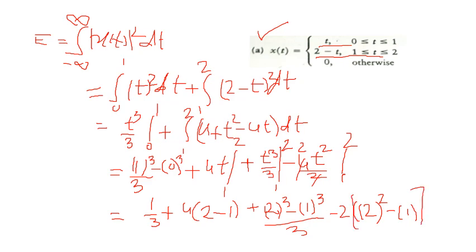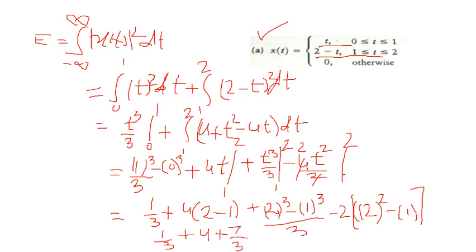So you get 1 by 3 plus 4, and then you get 8 minus 1, 7 by 3, plus 7 by 3.